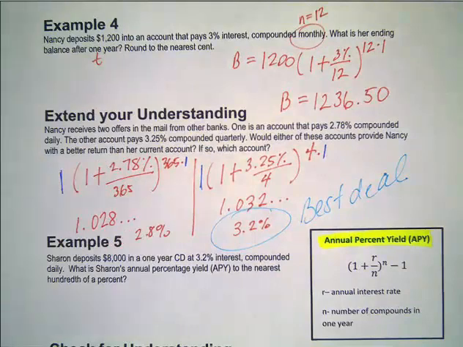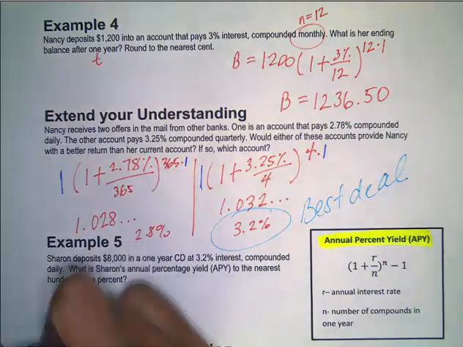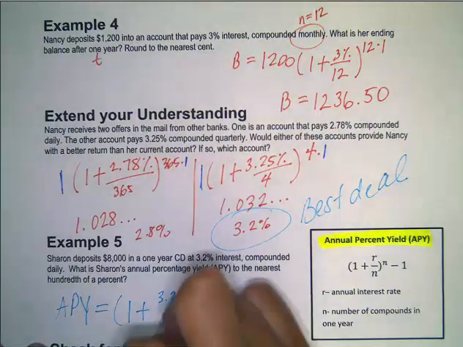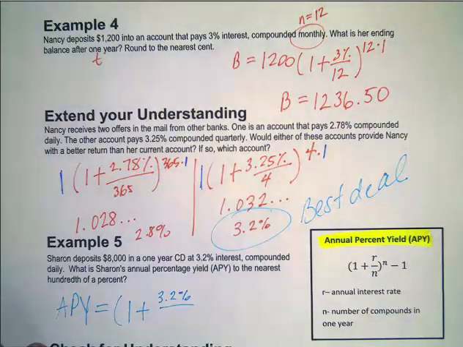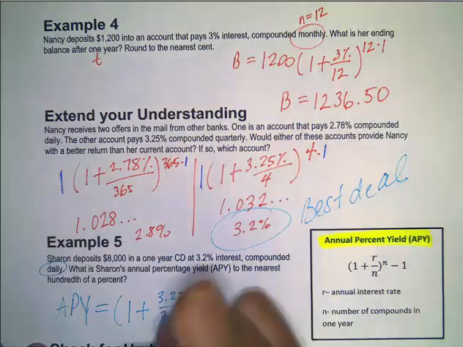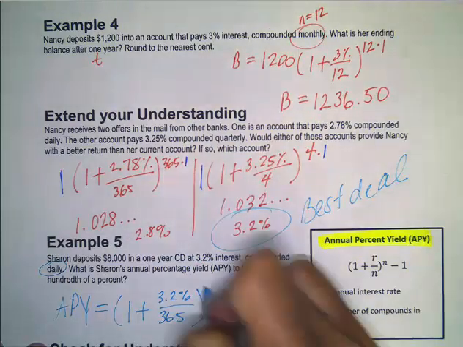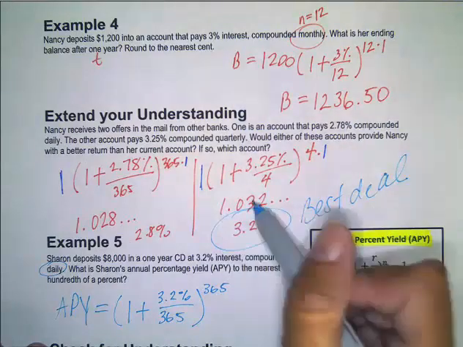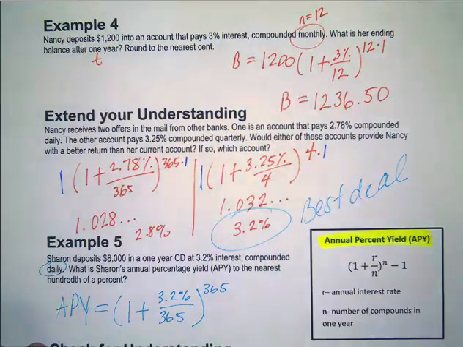All right, so we're going to plug in our APY equals 1 plus our rate, which is 3.2%, divided by daily, which is 365, raised to the 365, and then to go from this number, we have to take away 1 to just get the rate. Okay, so minus 1.